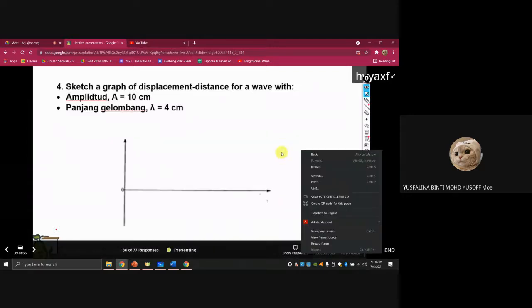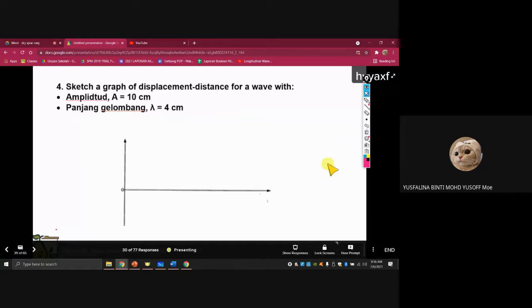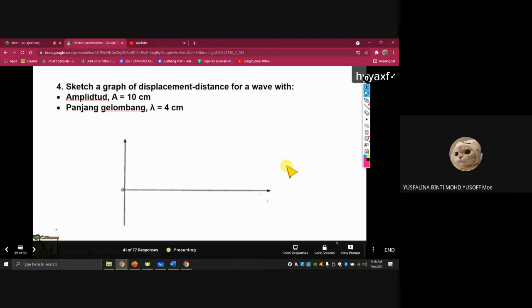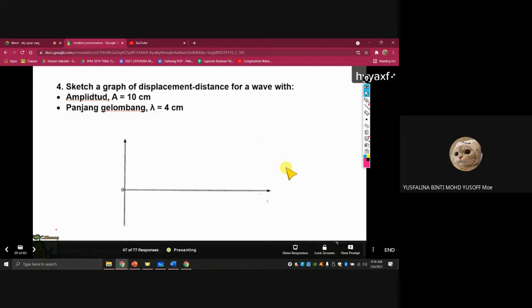It gives you the amplitude is 10 and the wavelength is 4.